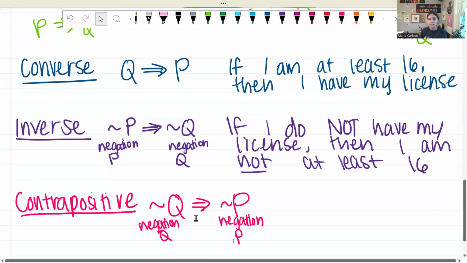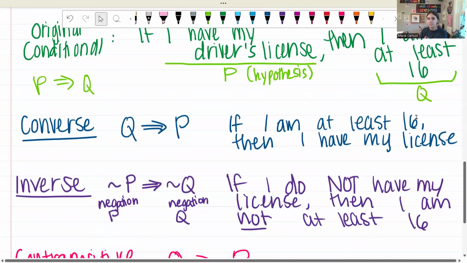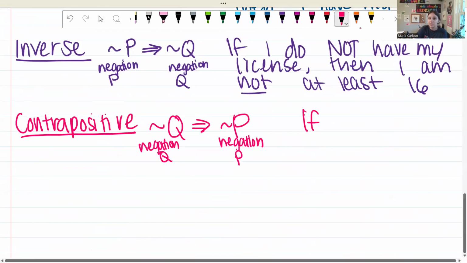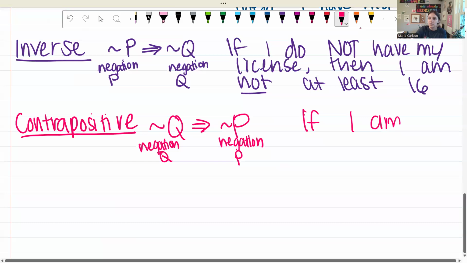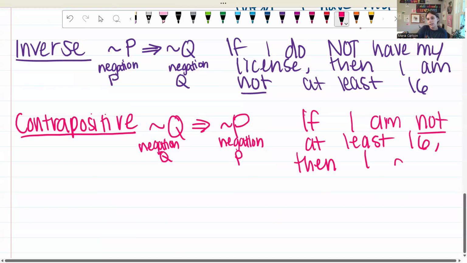So looking at what Q was, remember Q is I am at least 16. So starting off our contrapositive, if I am not at least 16, then I do not have my license.